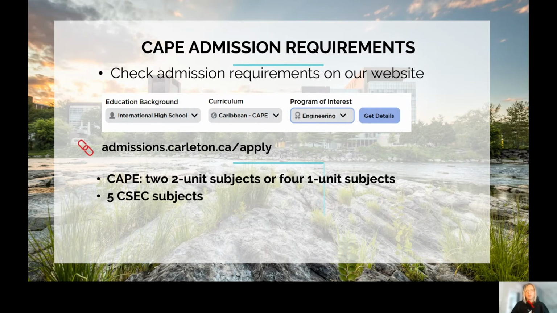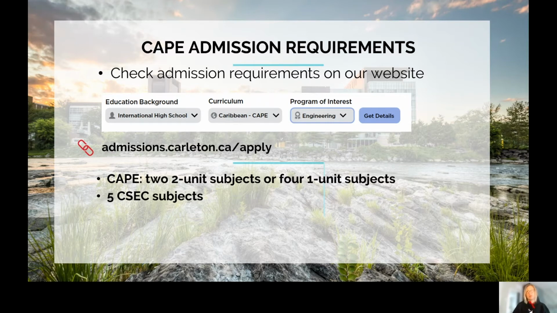Apart from the fact that you need to have those specific levels, so CSEC and CAPE and 2-unit versus 1-unit subjects, you also need to have something called prerequisites. Those are specific subjects that you have to have for consideration to a particular program.